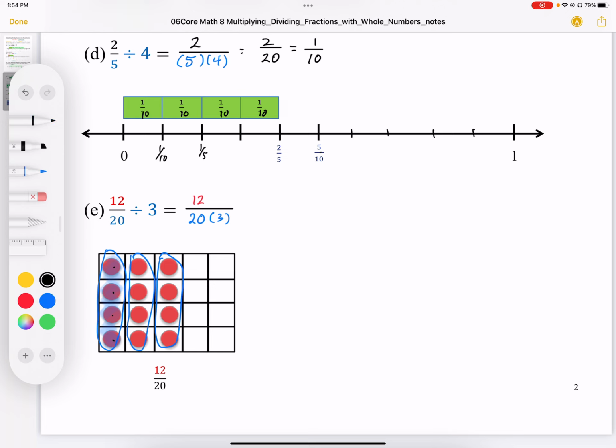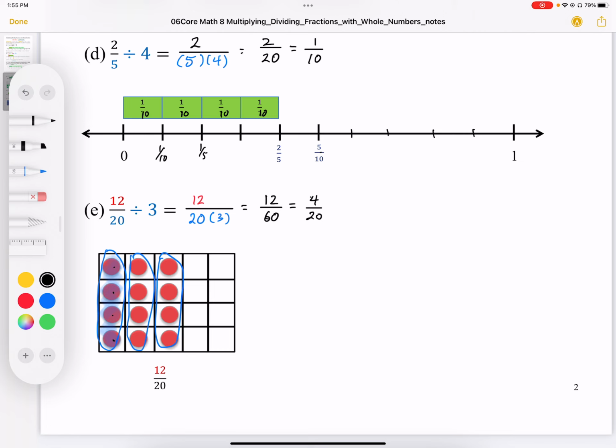And so when I do this, I'm going to end up with 12/60, which will simplify to, if I divide that by 3, I'm going to end up with 4/20, which was what I was looking for.